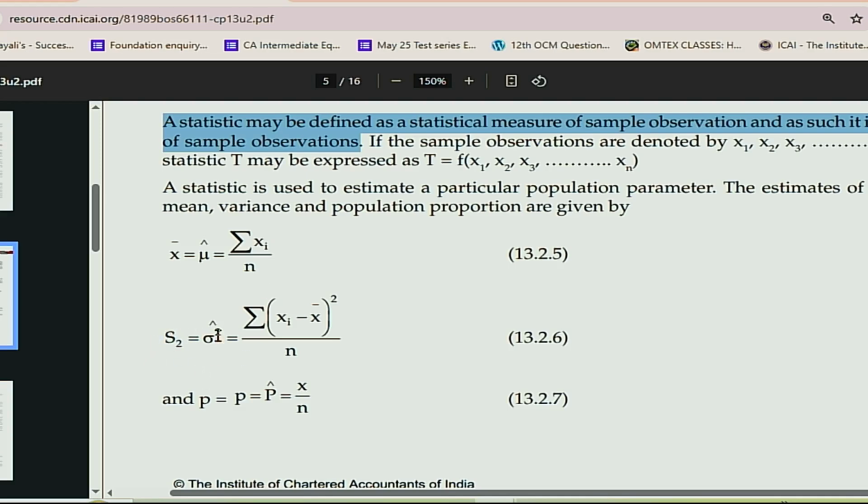This is variance, sigma square, summation of (xi minus x bar) raised to power 2 upon n. So xi is nothing but one observation. x bar is nothing but the average of those observations. So that observation minus average, whole square upon n, that is given as variance. And the last, p is a statistic that is given by x upon n.